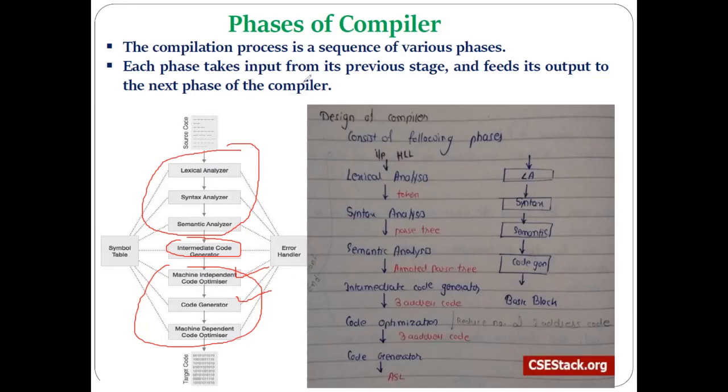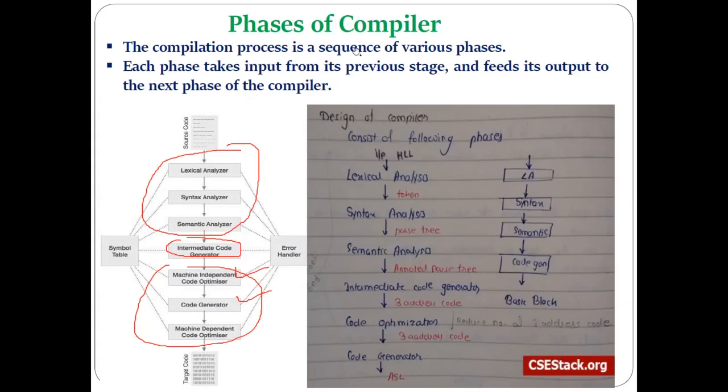This figure you are already very much aware of: the process of compilation is done by the compiler, which consists of a sequence of various phases. Phases are the different stages in processing a particular source program into the machine program.